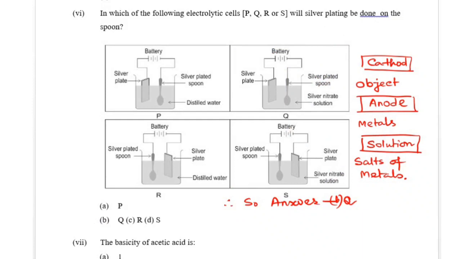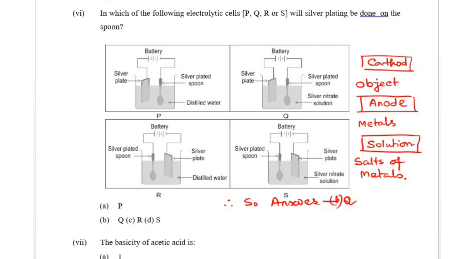In which of the following electrolytic cells will silver plating be done on the spoon? We know that in the case of electroplating, the cathode is the object on which electroplating is to be done.